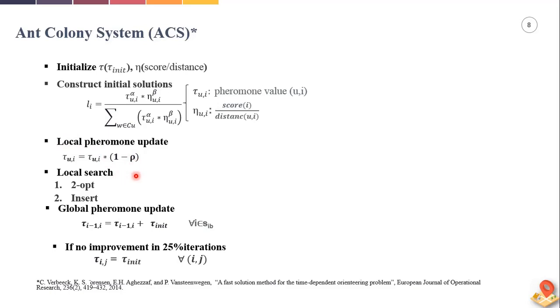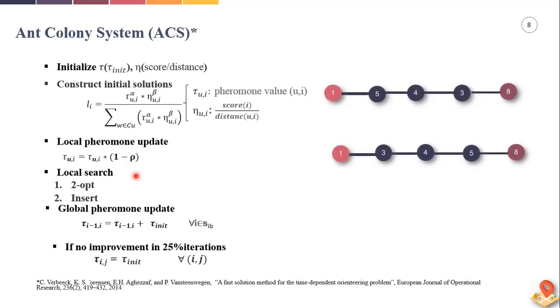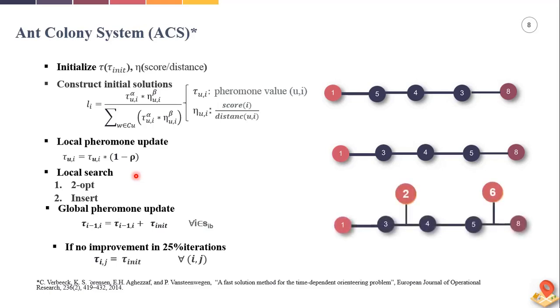In the local search phase, first, 2-opt tries to reduce the travel time, and then insert tries to increase the total score by adding new vertices. In each iteration, the route with the maximum profit is saved, and in the global pheromone update, the pheromone value of the edges of this route is increased.